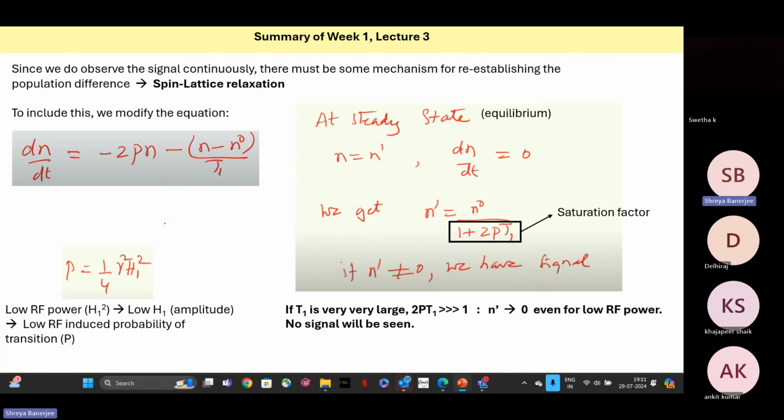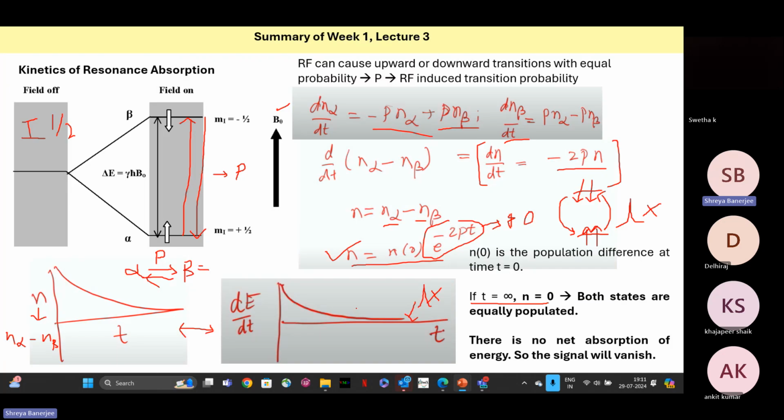However, in practice, what we see is that there is no case where this happens. This case, where the NMR signal decays to 0, does not happen in practical NMR. In NMR spectra that you record in the laboratory, the spectra does not suddenly become 0.